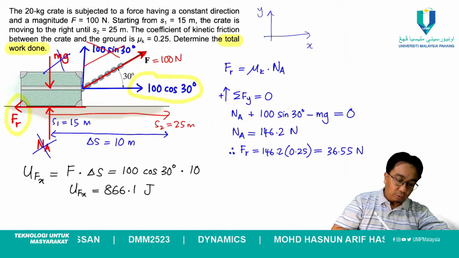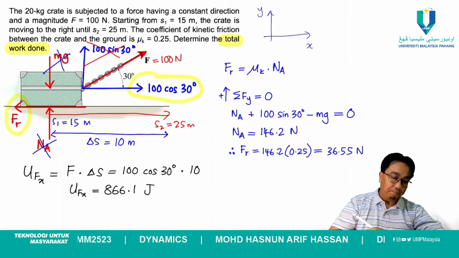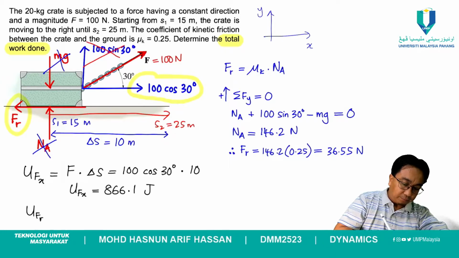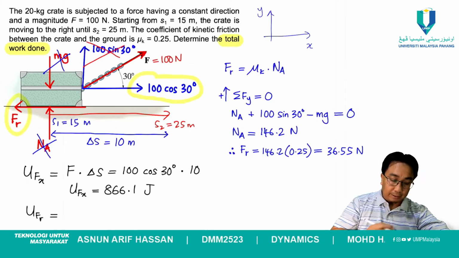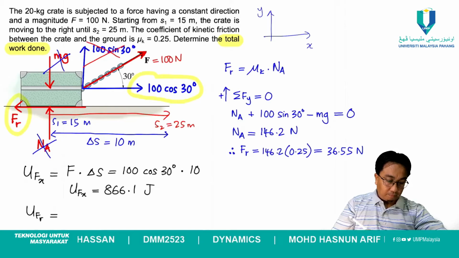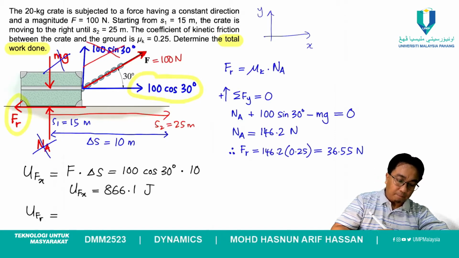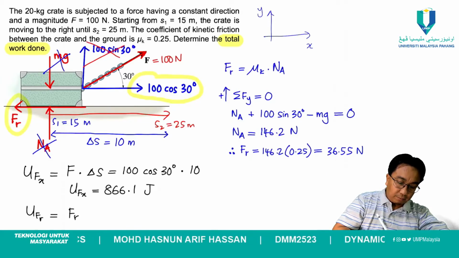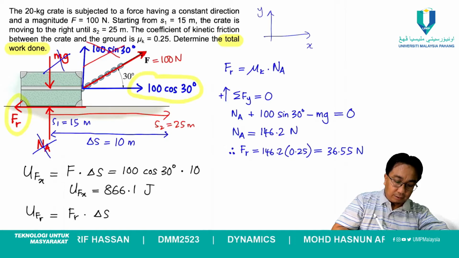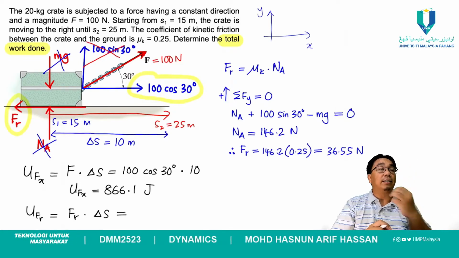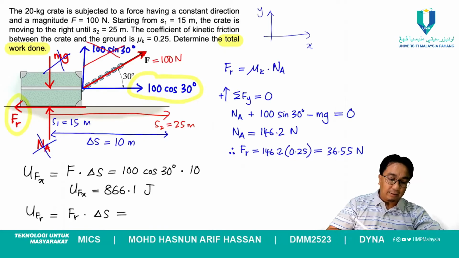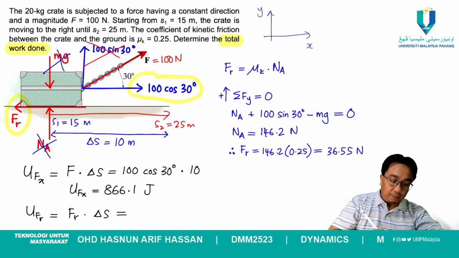So going back to our work done, U_Fr, the work done by friction, is the friction force Fr times delta S. In this case, friction is moving in the opposite direction of delta S, so it will be negative.